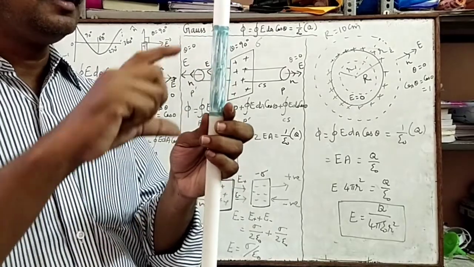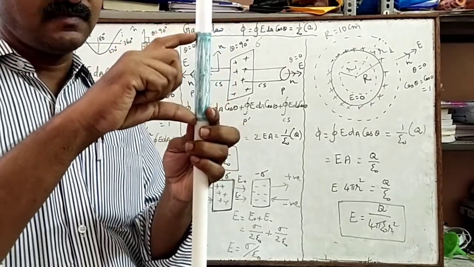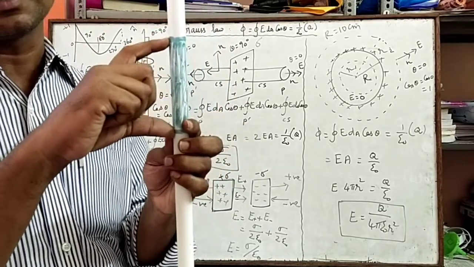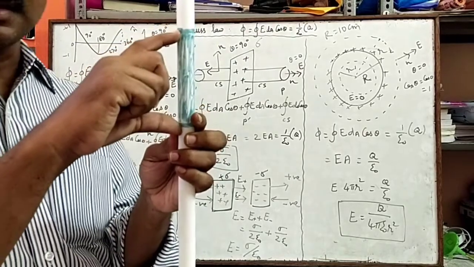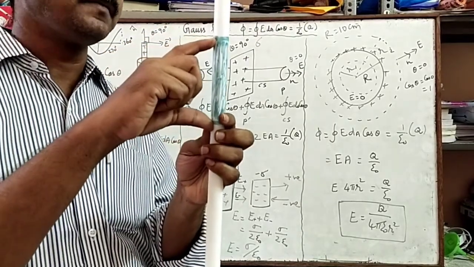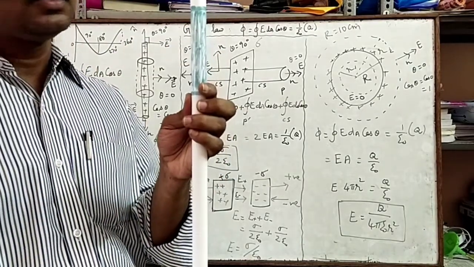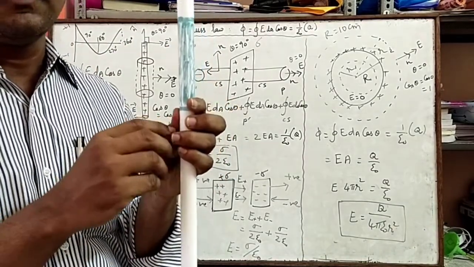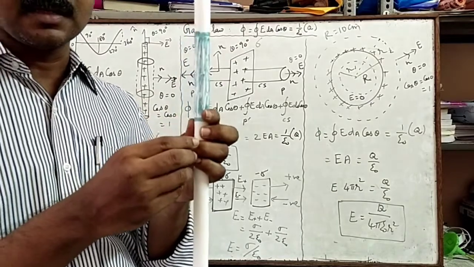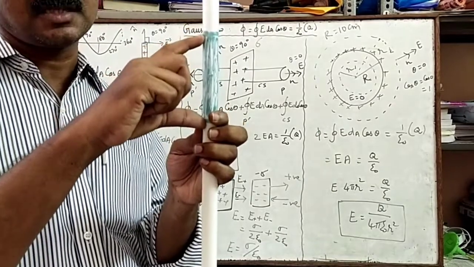So in the same way, in 1 meter length, if there are 10 microcoulomb of charges, then in the total length 7 meters, total charges will be 7 into 10 microcoulomb of charges, that is 70 microcoulomb of charges.